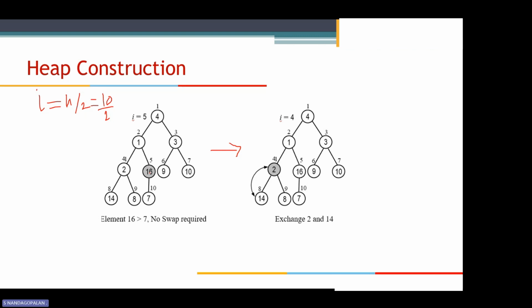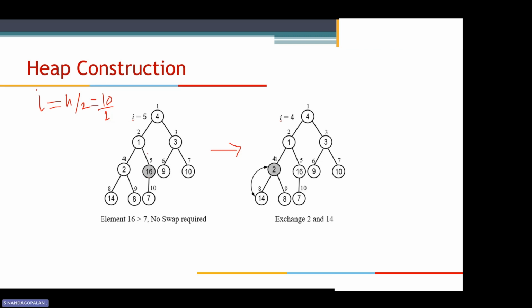Next, I have to compare the element pointed to by I with its children. In case I have larger elements as children, out of the two children, whichever is larger, take that and swap it with the parent. That's all the job. So this is again comparison and swapping. In this case, there is no swapping required. And all its descendants have to be checked, of course. So the first iteration is over.